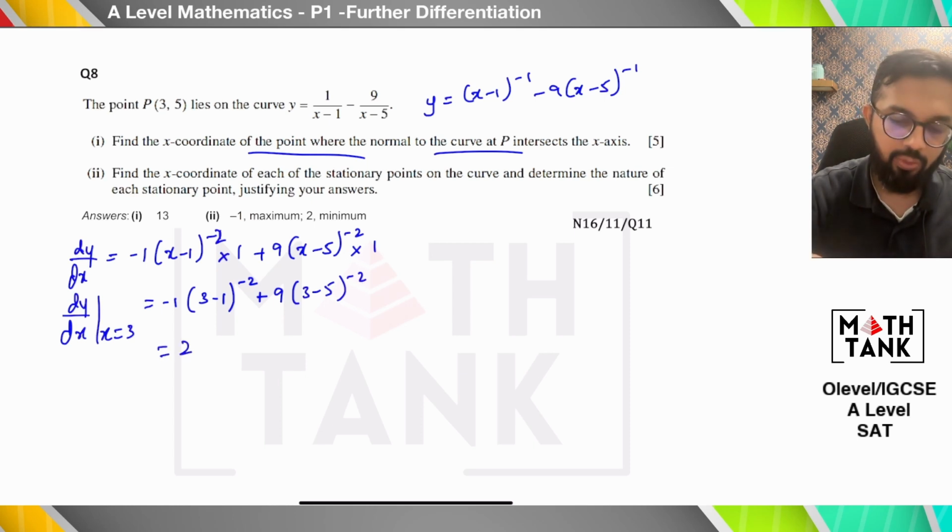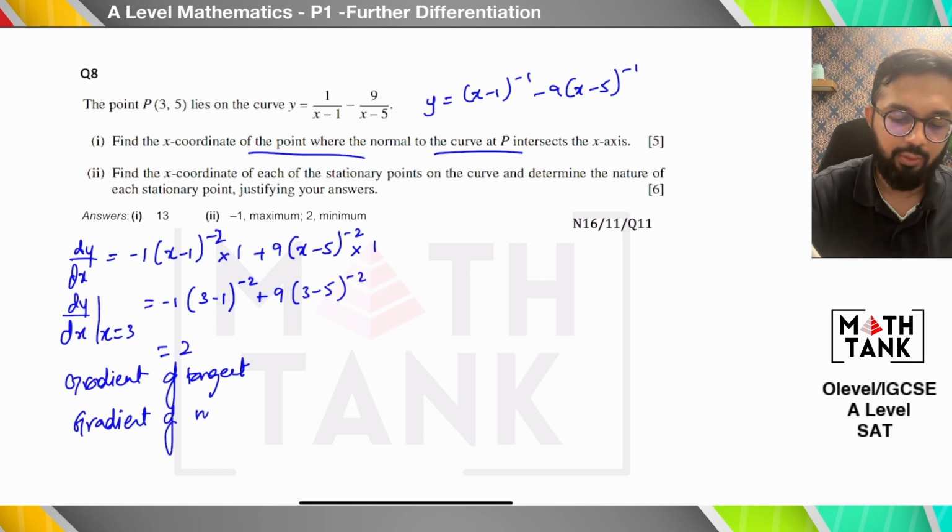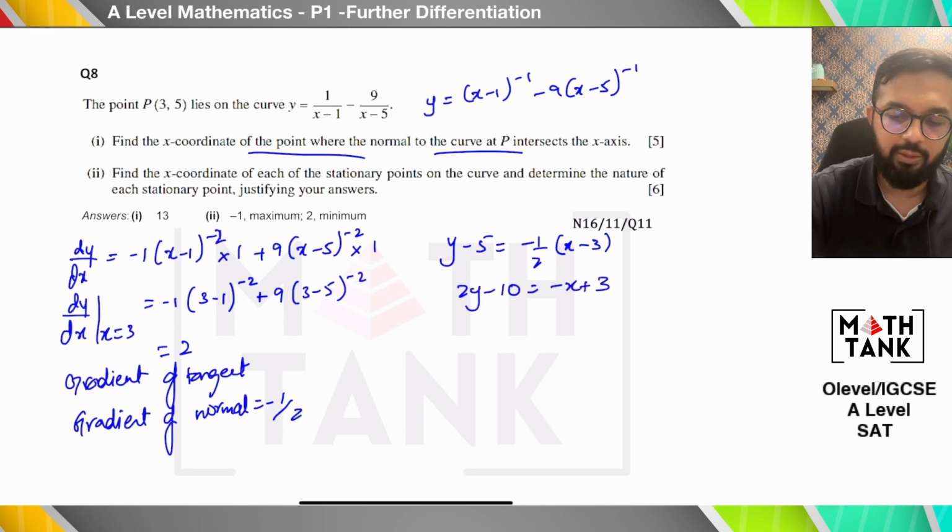That gives me 2, so that's the gradient of the tangent. The gradient of the normal should be minus half. So y minus y1 equals m(x minus x1), 2y minus 10 equals minus x plus 3, so 2y equals minus x plus 13.